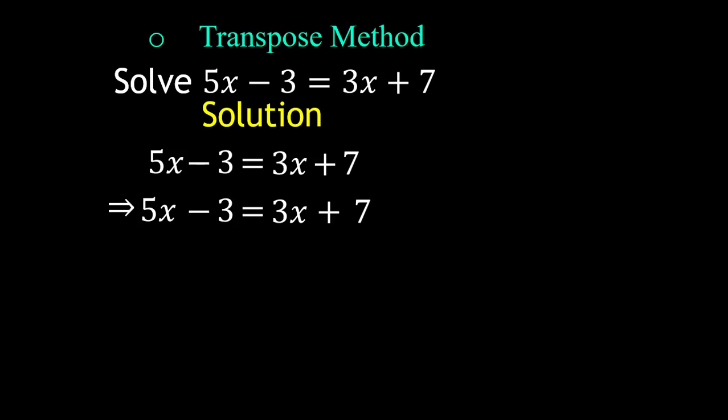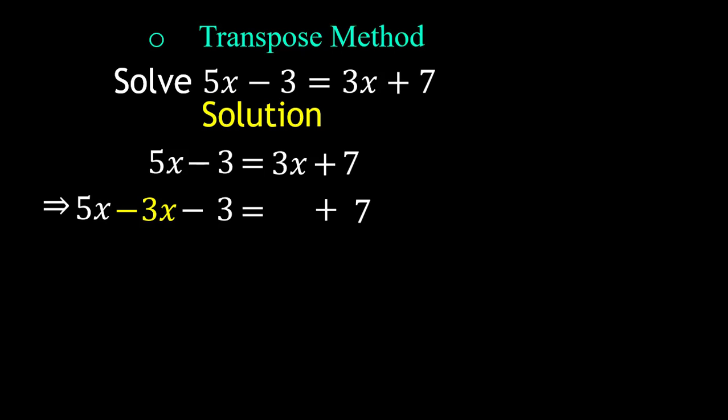As it moves, observe what shall be seen. For instance, 3x is positive at the right hand side of the equation, but when it moves, it has to become negative. That is the transpose method. So as it moves across, it automatically becomes negative because it was positive at the right hand side.